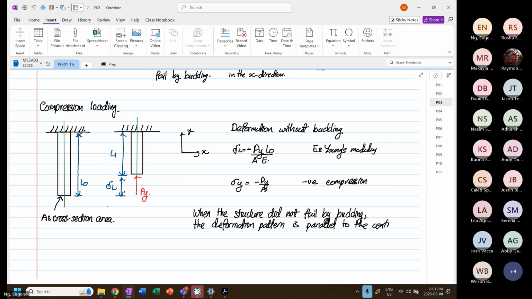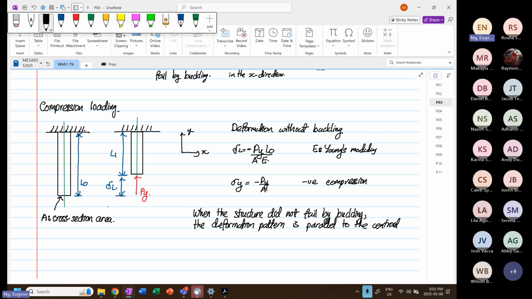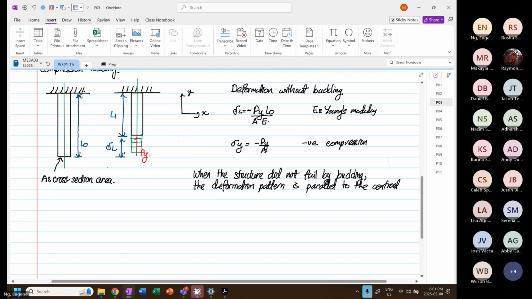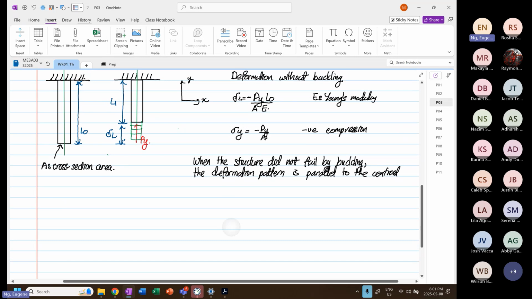Centroid, right? So I'm going to draw in light green. So when the load is applied, the structure deforms, right? Slowly deforms, slowly deforms, slowly deforms, and it's parallel to the centroid. Okay. So this is very different.